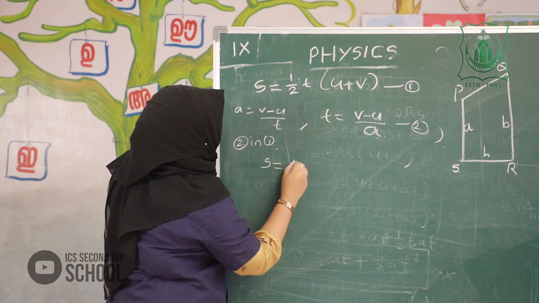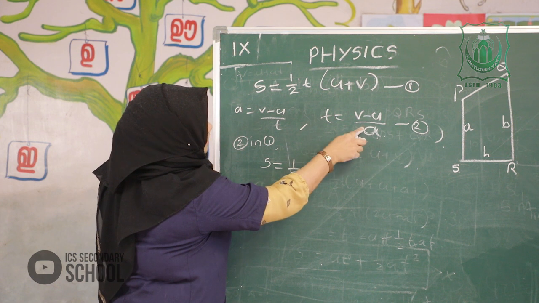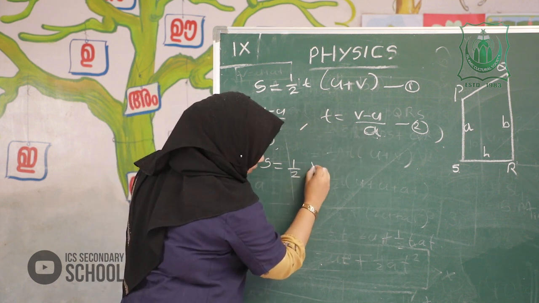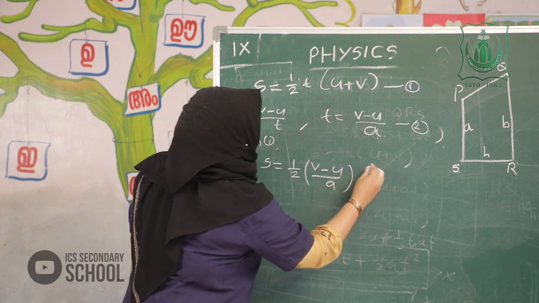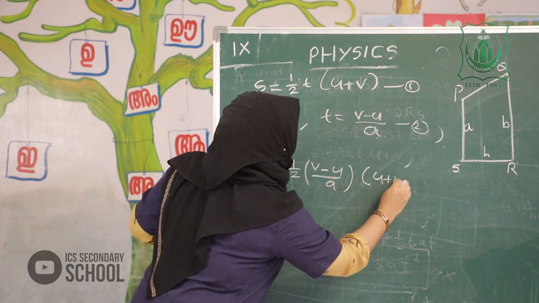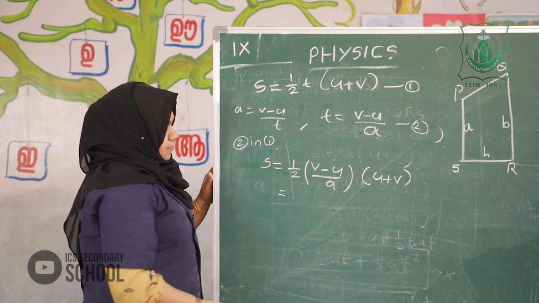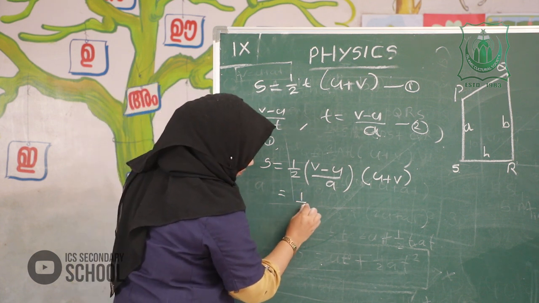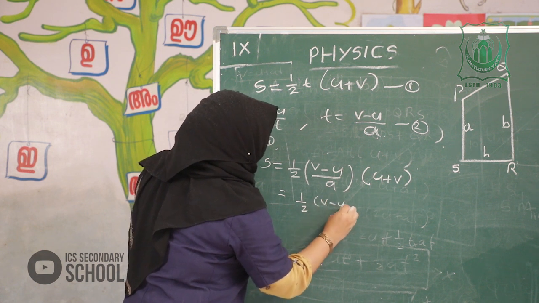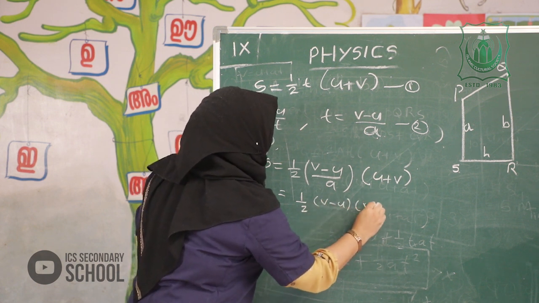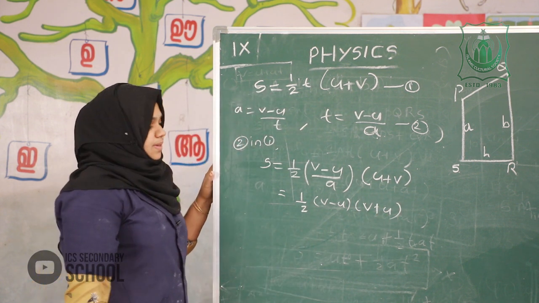Yes, s is equal to half into v minus u divided by a, into u plus v. We know that half v minus u into v plus u. Do you know what is that? Yes, a minus b into a plus b.